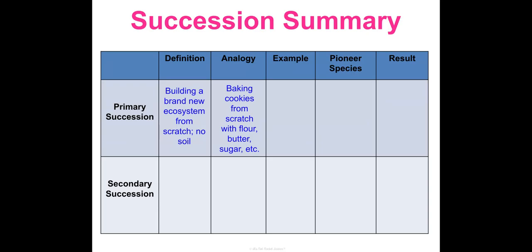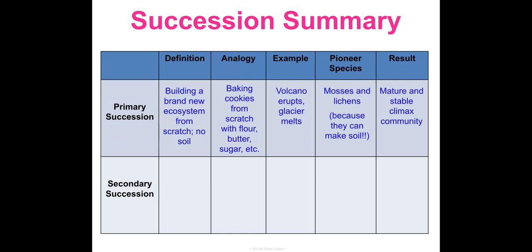An analogy for that would be baking cookies from scratch with flour, butter, sugar, all the ingredients. An example of when this happens is a volcano erupting or a glacier melting. The pioneer species in primary succession is moss and lichen because they're the ones that can make the soil. And you're going to get the same result in both: a mature and stable climax community.